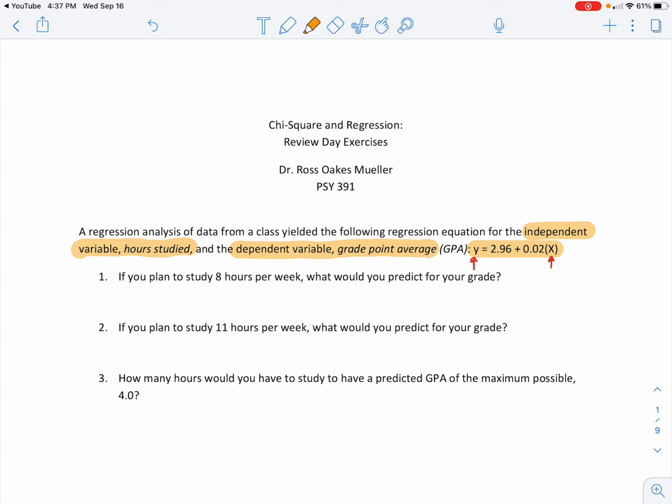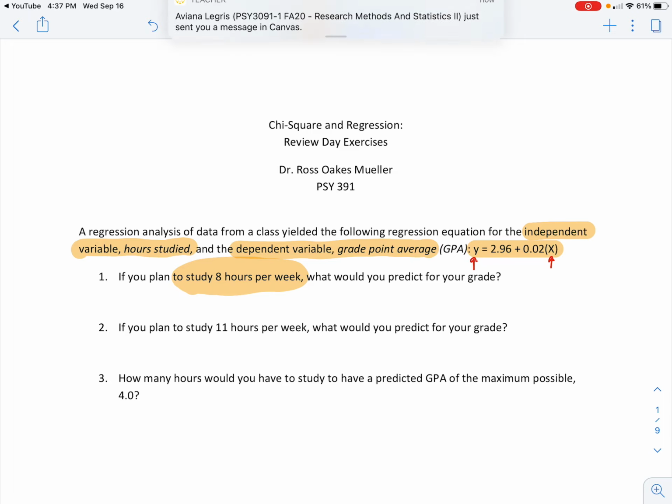Because then using those, what you're going to do is plug in one of these variables. So here, studying 8 hours per week, you'll plug that in to get a predicted grade at the very end.